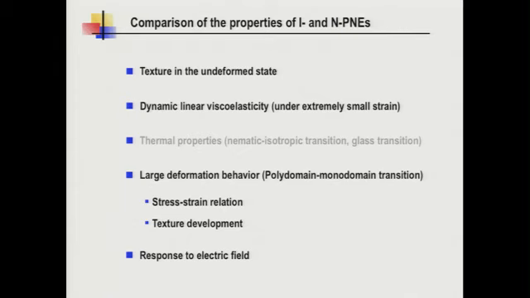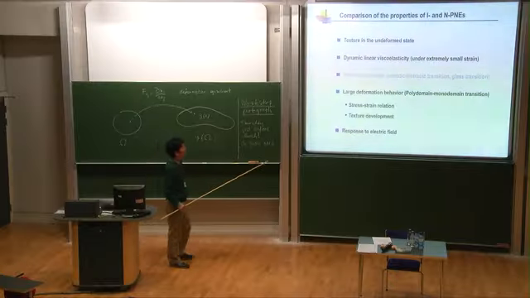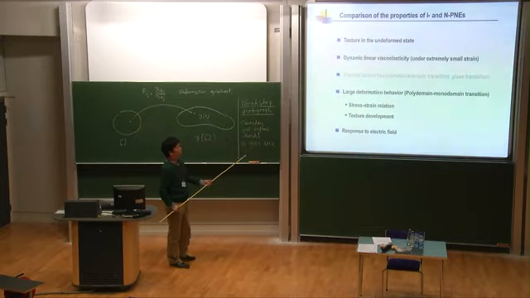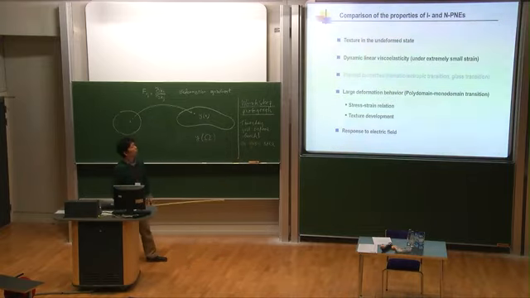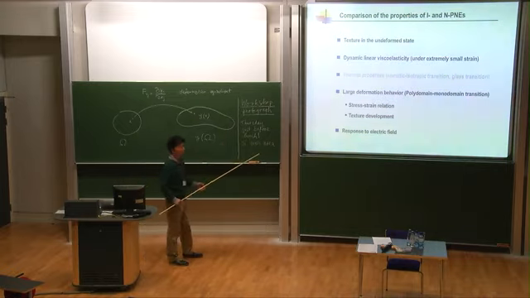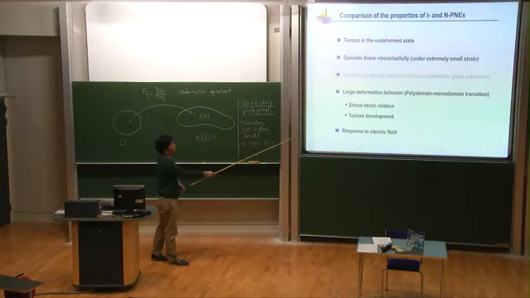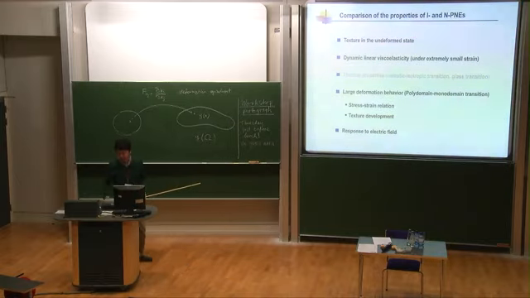And the third one is swelling properties, but the experiment is still in progress. I don't talk about this one here. This one is a large deformation behavior, and polydomain-monodomain transitions from the aspect of stress-strain relations and texture development. And this one is a response to electric field.